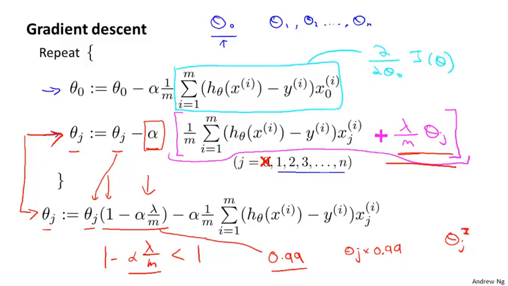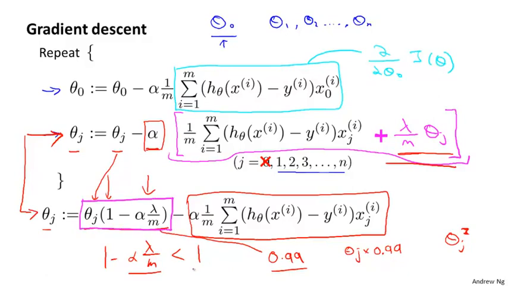little bit smaller. And then after that, the second term is exactly the same as the original gradient descent update that we had before we added all this regularization stuff. So hopefully this update makes sense. When we're using regularized linear regression, what we're doing is on every iteration, we're multiplying theta j by a number that's a little bit less than 1, so we're shrinking the parameter a little bit, and then we're performing a similar update as before.